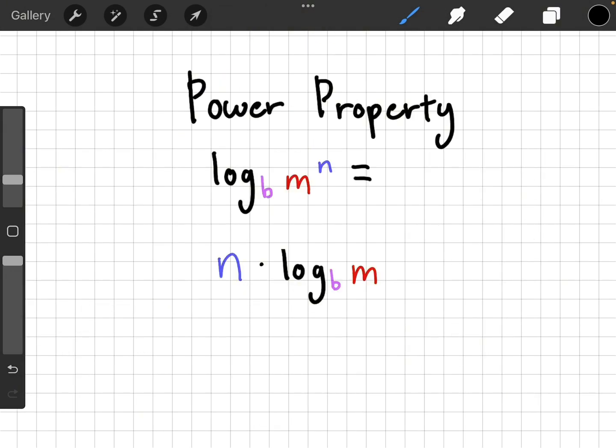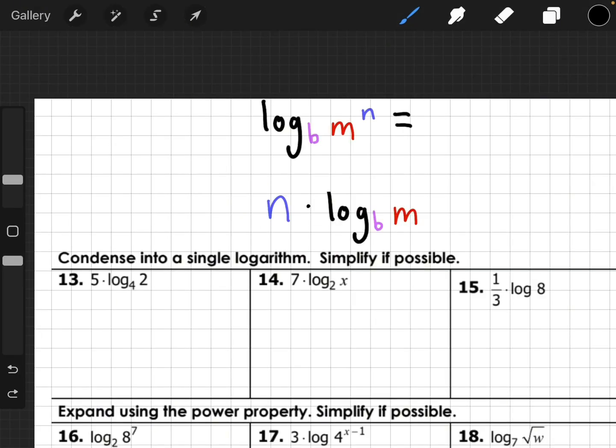Next we have the power property of logs. So log base b of m to the power of n equals n times log base b of m. So we have 5 times log base 4 of 2. So n equals 5, b equals 4, and m equals 2. We'll rewrite it in this form: log base 4 of m to the power of n.